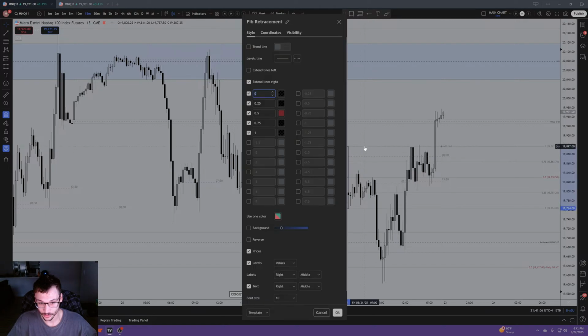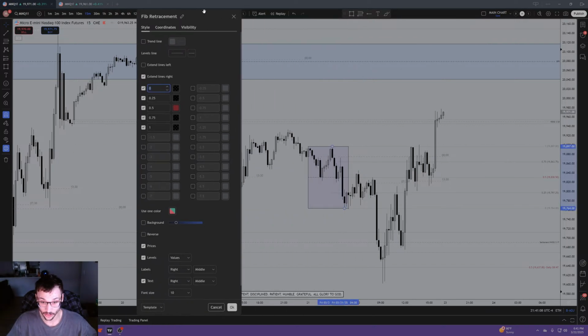Now we're going to show standard deviations. So you see I have all these negative numbers, right? This is the range, and these are standard deviation projections. If you look on the right side, you see something flashing.